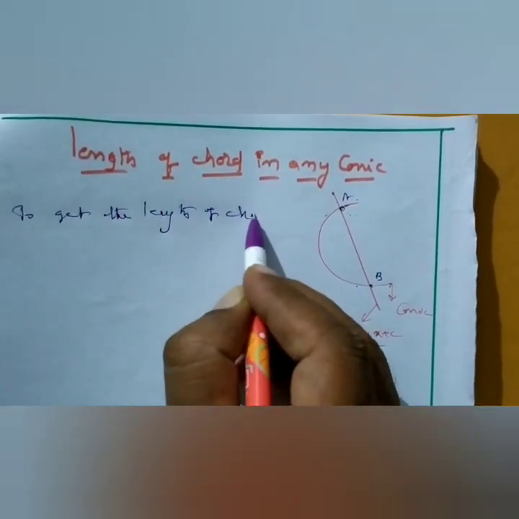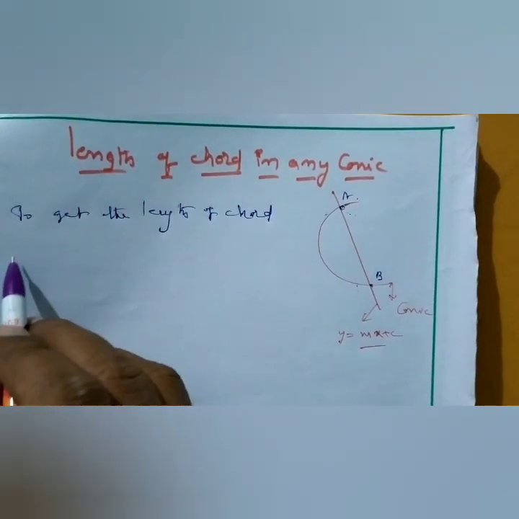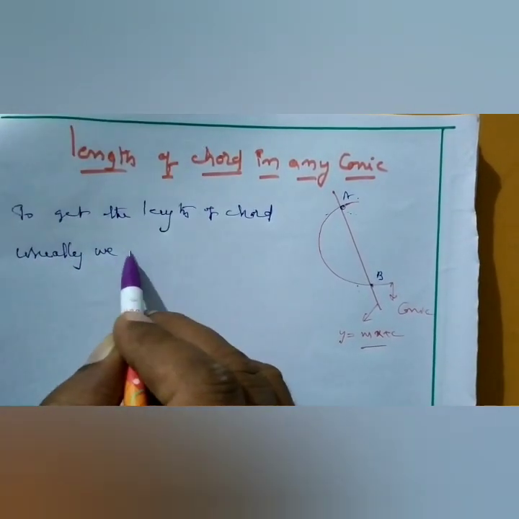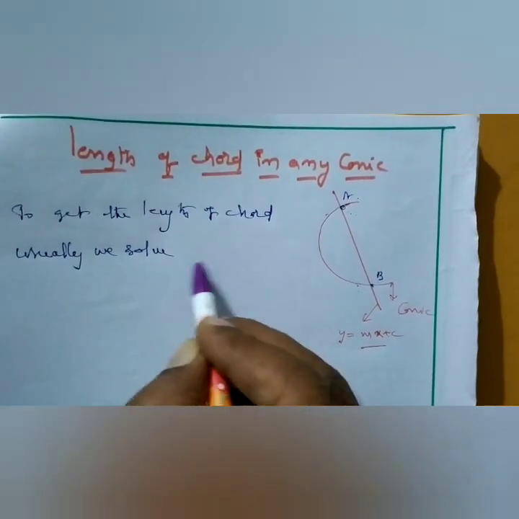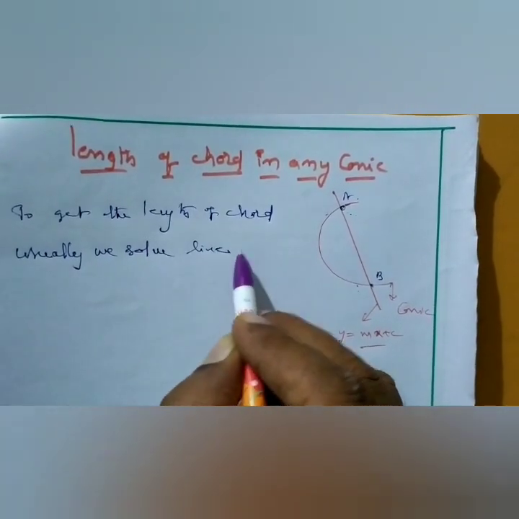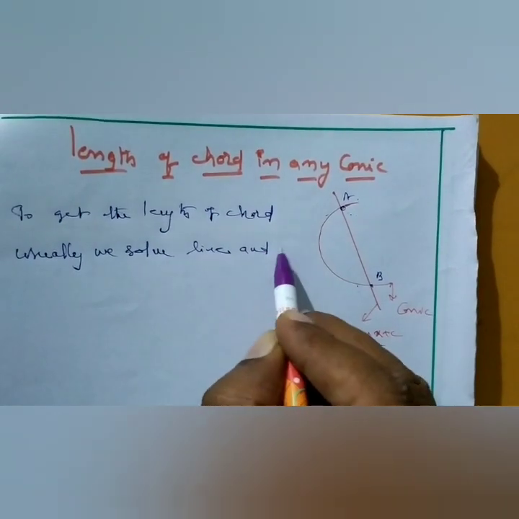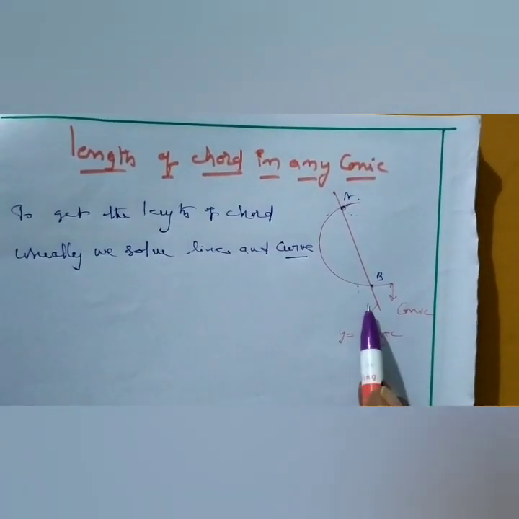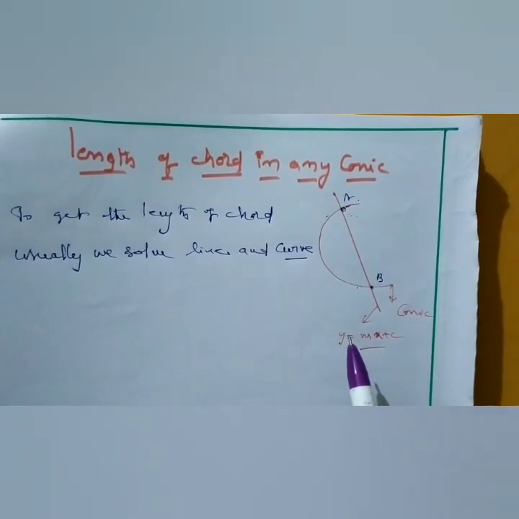To get the length of the chord, usually we solve the line and the curve. What is the curve? The conic. So we solve the curve and the line to get these points.